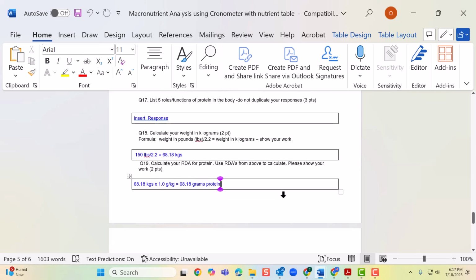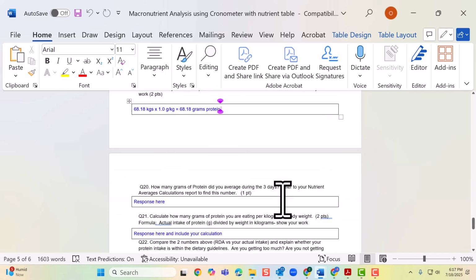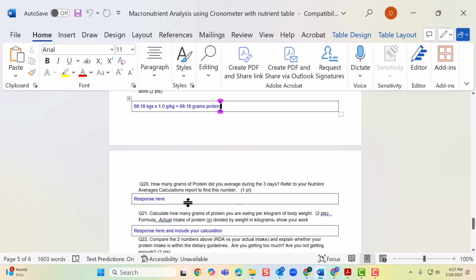Okay, so that's the basic part. We're converting our weight from pounds to kilos, and then we are finding the RDA that matches our activity level and using that to calculate how much protein we need per day. The next question will ask you, how many grams of protein did you average during the 3 days?